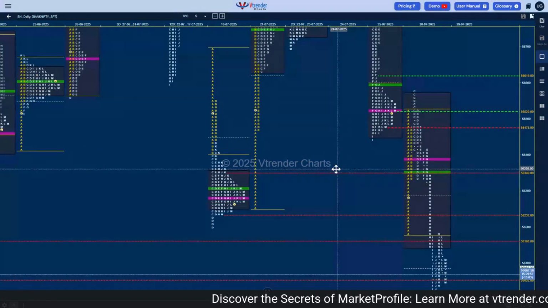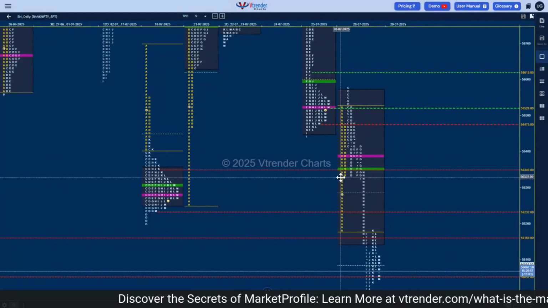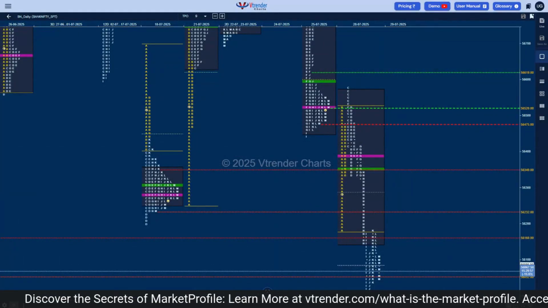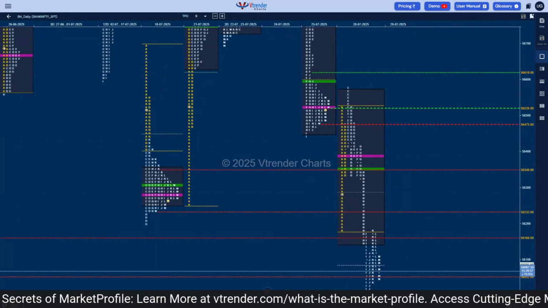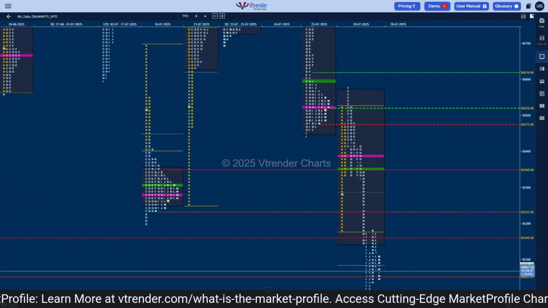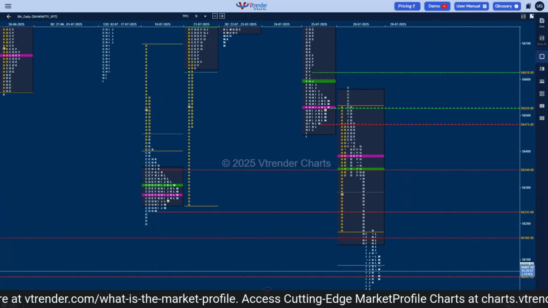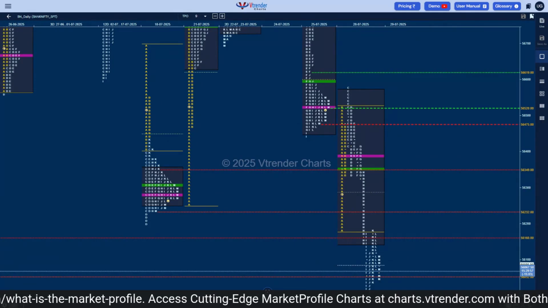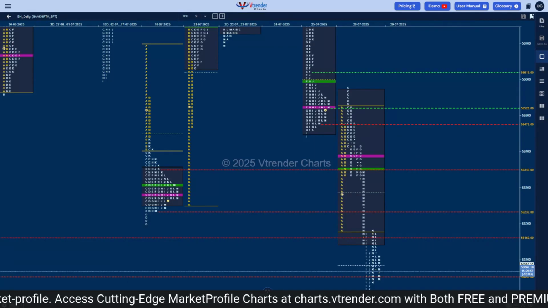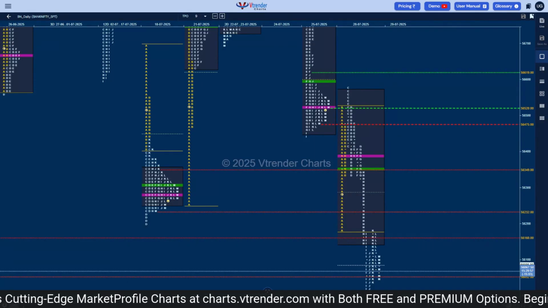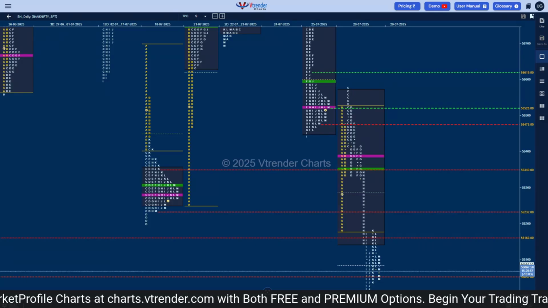So this is, see, the day started with an initiative buying tail at the lows. So we were looking for an open rejection reverse kind of a start. But if it was a strong open rejection reverse, we would have swept through this entire day's range of Friday, which was a trend day down.